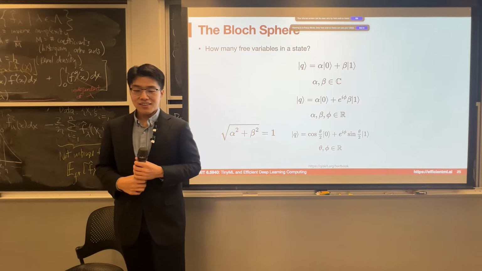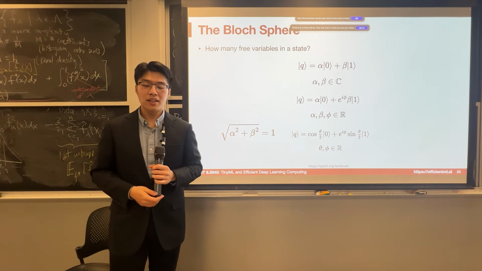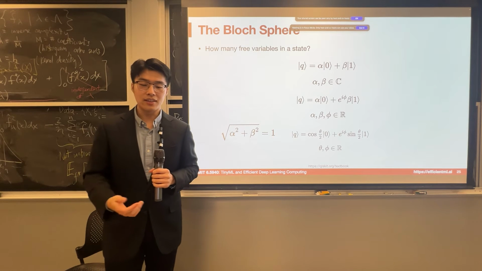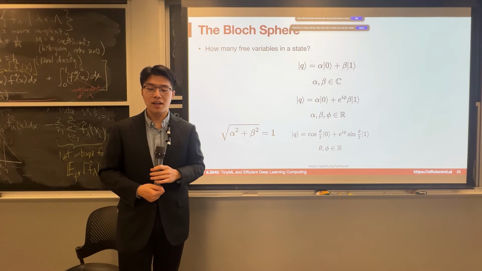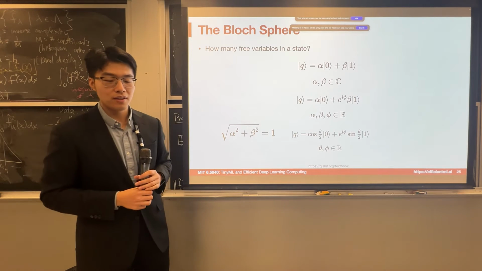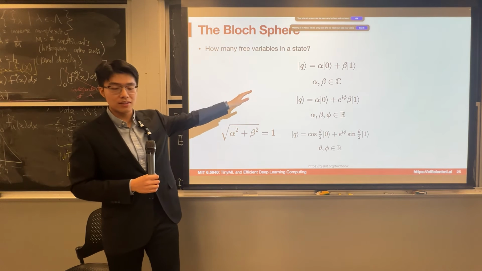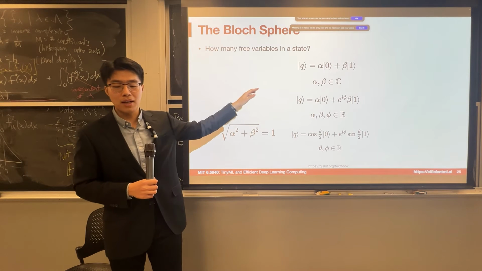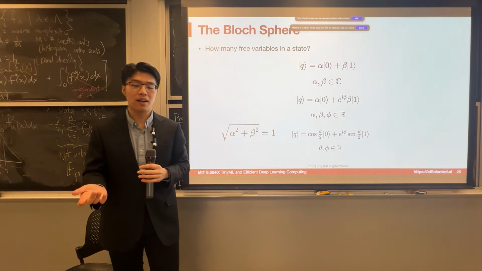Okay, so another interesting thing that we can use in quantum computing is called the Bloch sphere, and it is also very intuitive for us to understand the previous state, right? For example, we have two free variables in the system right now, which are alpha and beta, and we already know that they are complex values, right?